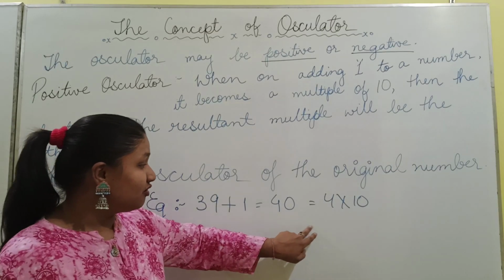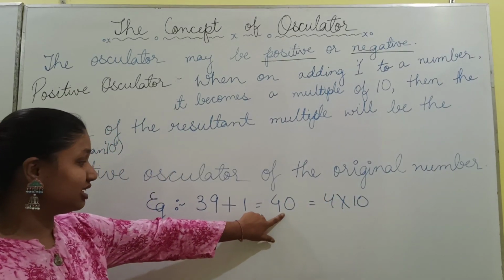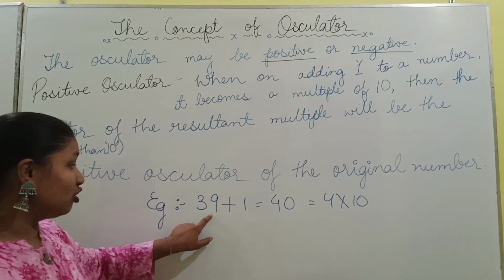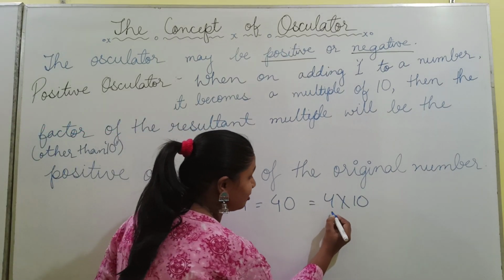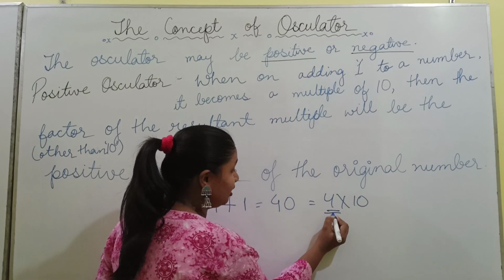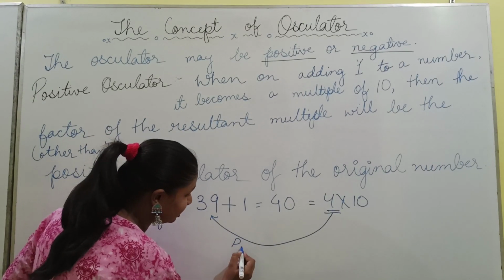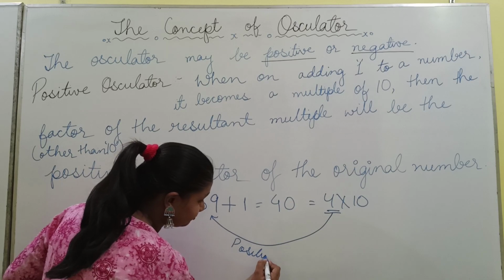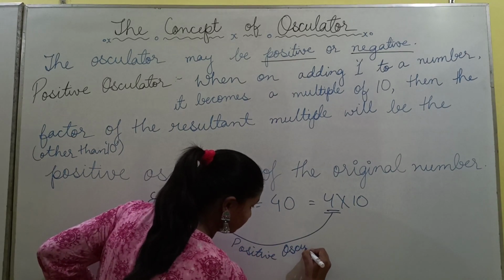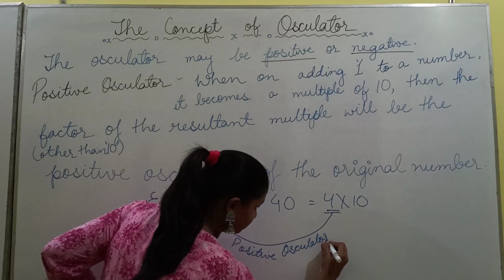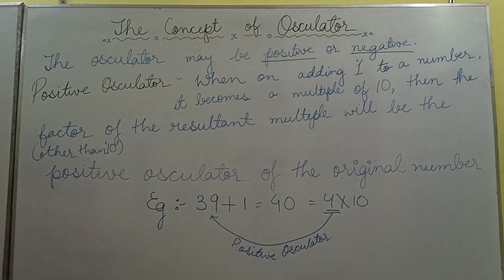So here, 4 into 10 gives the resultant multiple we got by adding 1 to 39. So this number 4 will be called the positive osculator of 39. Okay? I hope you understood this.